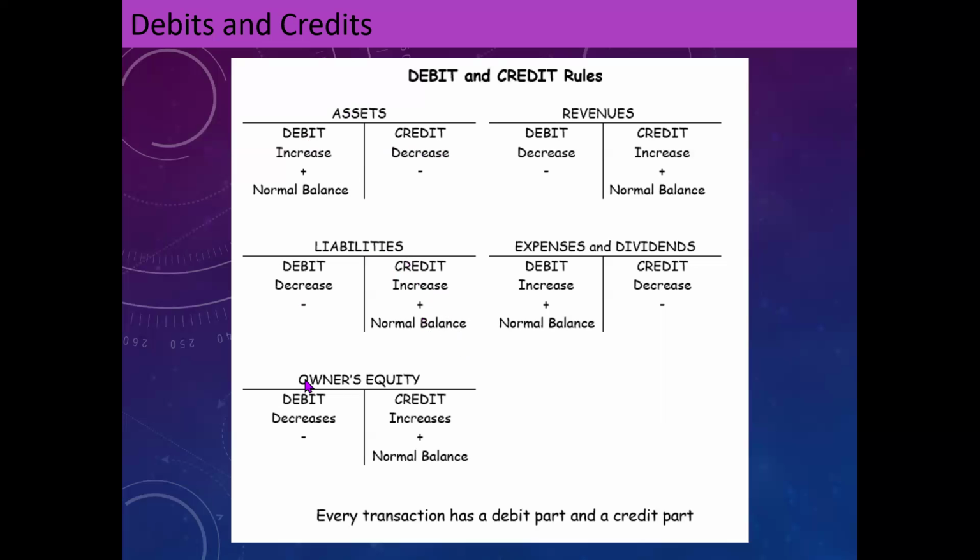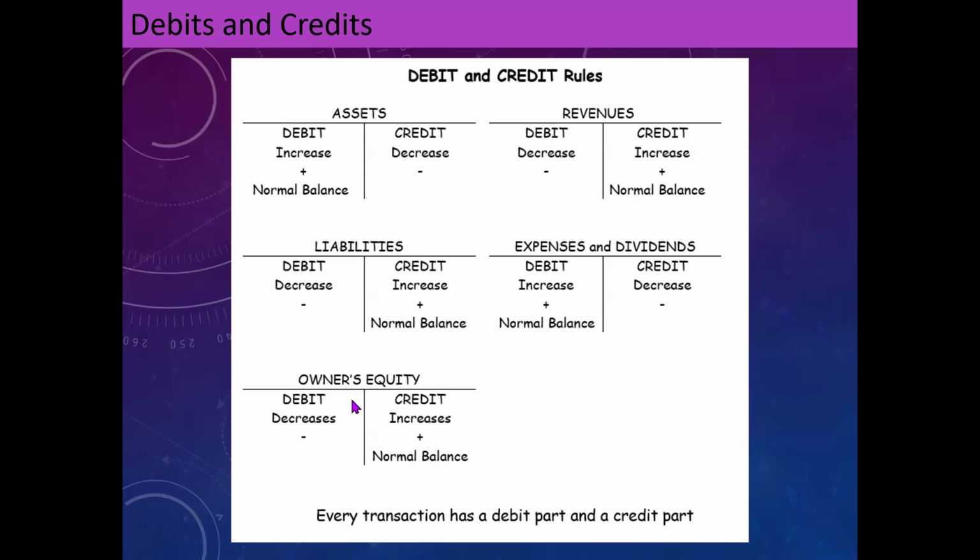Or I could increase my assets by taking a loan. So then I would increase the asset cash with a debit and increase the liability loan payable with a credit. Or I could increase my asset by receiving money from the owners, in which case I would increase cash with a debit, or left side entry, and increase my common stock if it's a corporation, or my owner's contribution if it's a smaller company like a sole proprietorship, on the credit side.